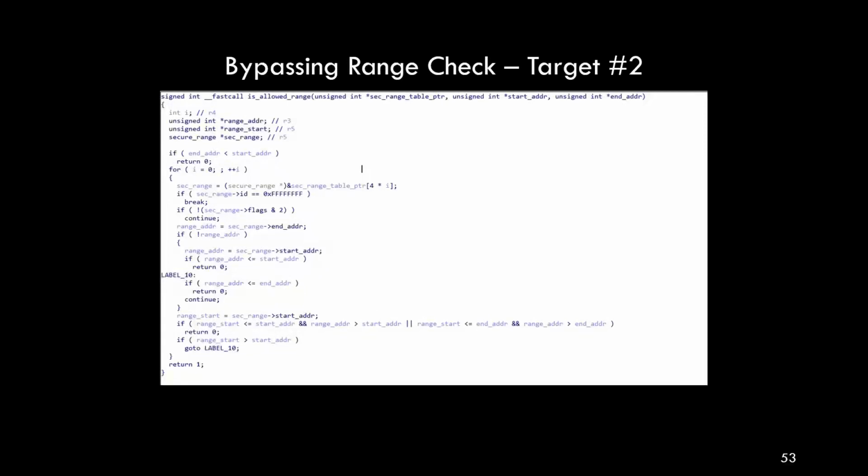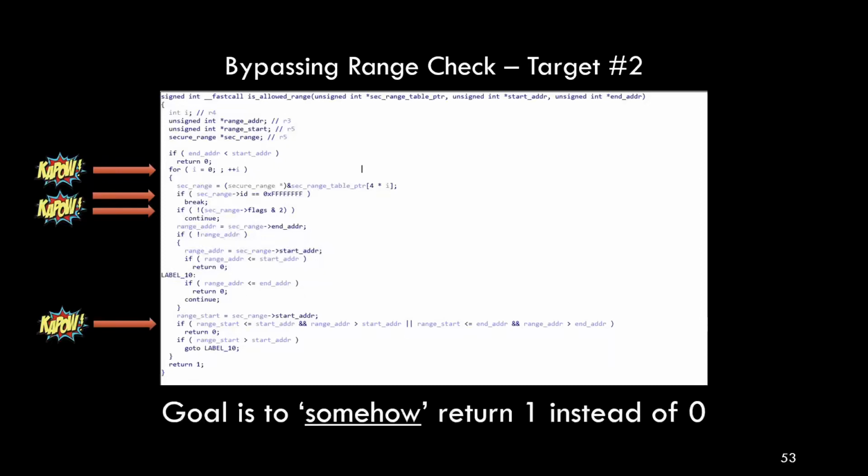But if we start thinking with fault injection in mind, we identify that there's multiple locations where we are able to influence this solver in order to make it return 1 instead of 0. And basically that is what we are trying to achieve: we want to modify the intended behavior of this function in order to make it return 1 whenever we provide a pointer that actually points to secure memory.